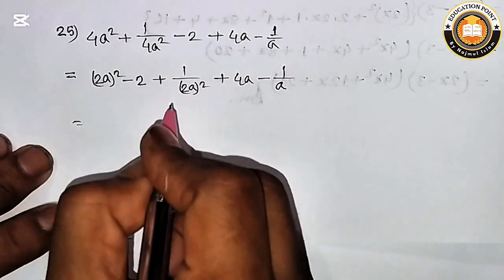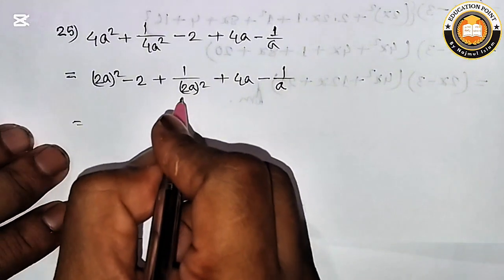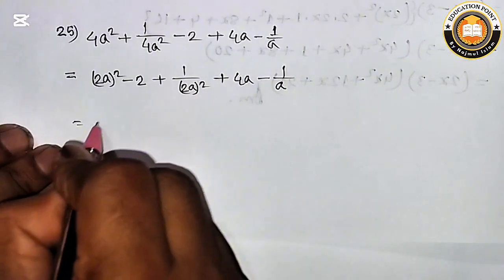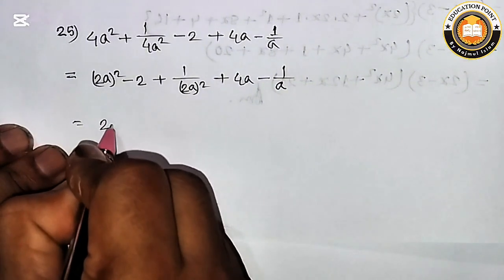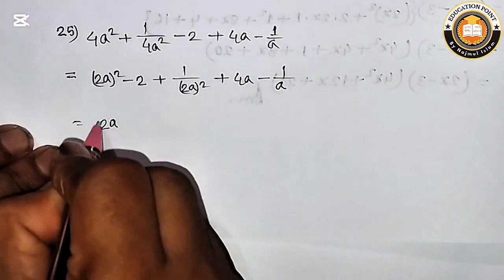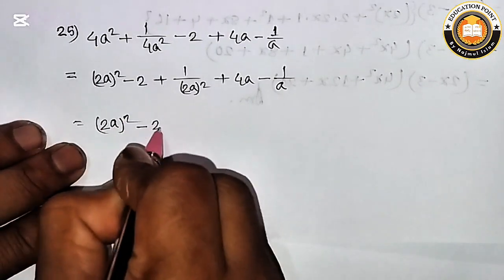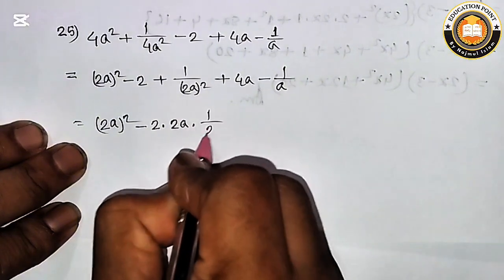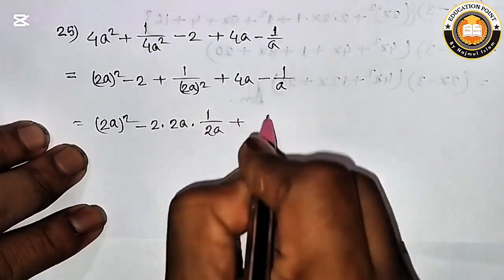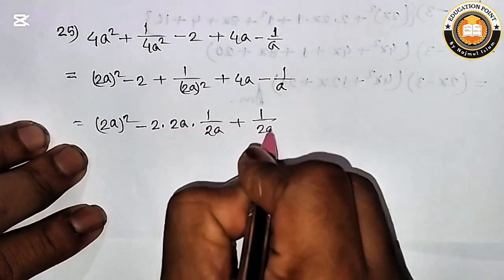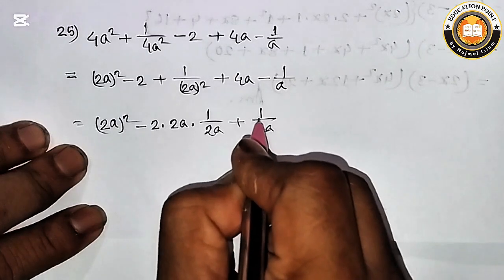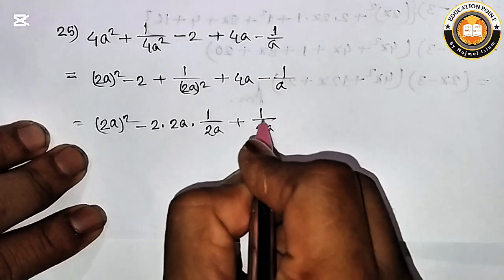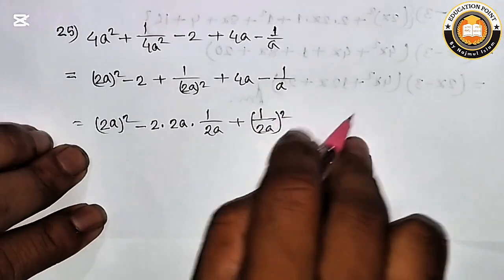First term we will apply the formula of a minus b whole square. 2a whole square minus 2 into a means 2a into b means 1 by 2a plus b square means 1 by 2a whole square.